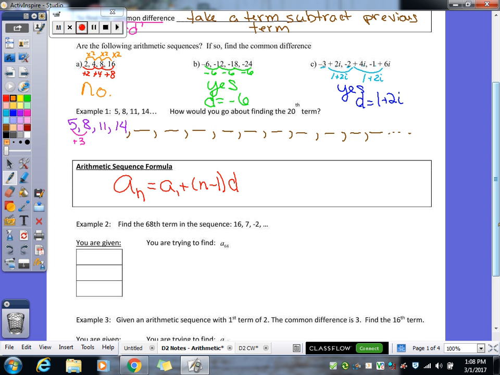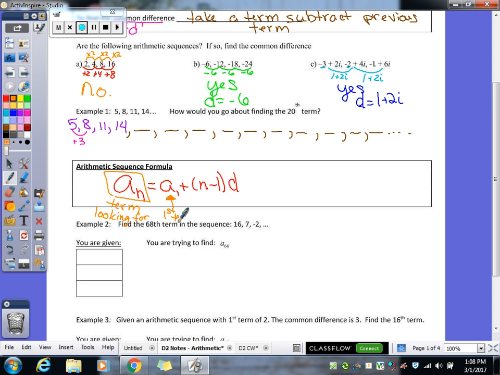So let's kind of go through this formula a little bit. A sub n, who remembers from last class, what does that represent? Not x. That's the term we're looking for. Our a sub 1 is what?